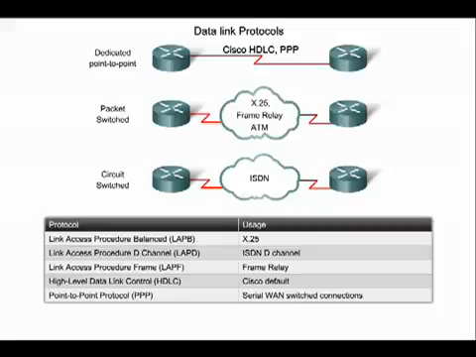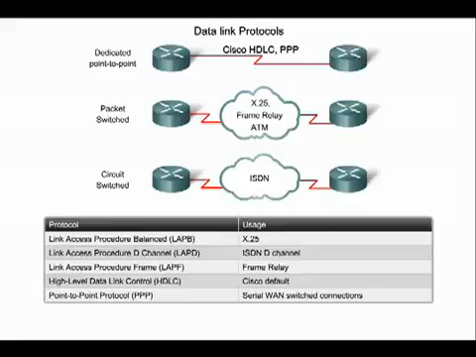Data link layer protocols define how the data is encapsulated for transmission to remote sites and the mechanisms for transferring the resulting frames. A variety of different technologies such as Cisco HDLC, PPP, frame relay, ATM, X.25, and ISDN are used. Data from the network layer is passed to the data link layer for delivery on a physical link, which is normally point-to-point on a WAN connection.